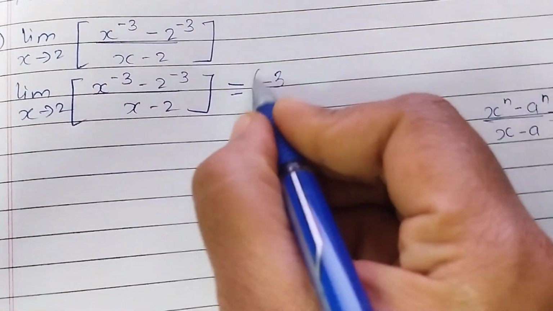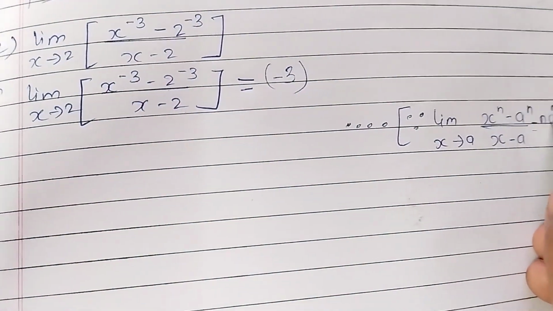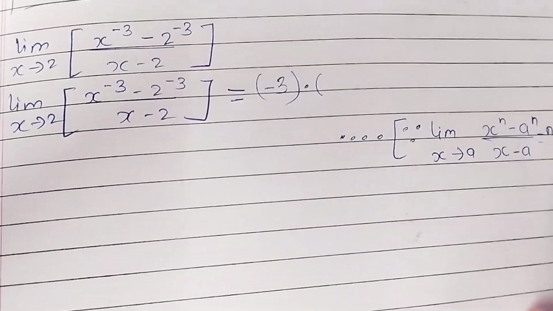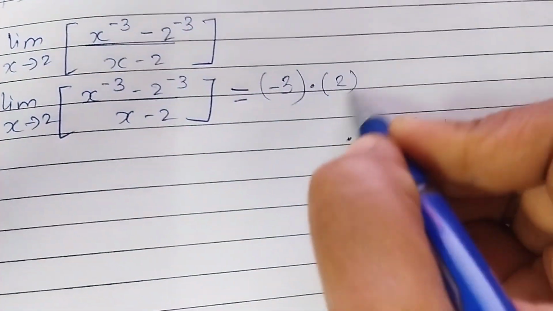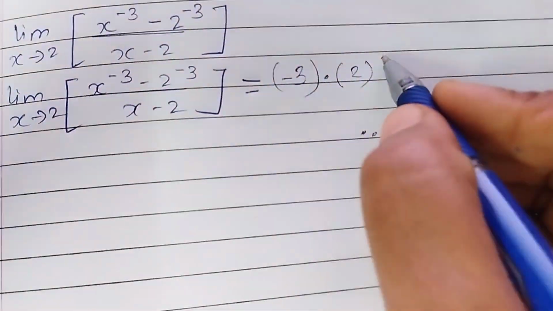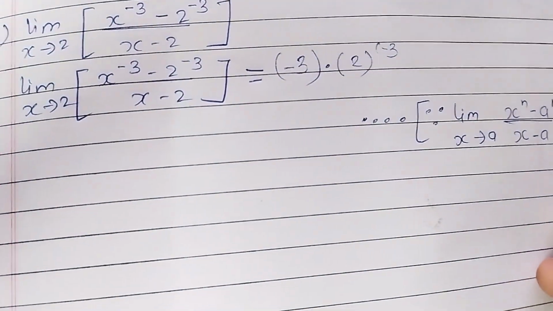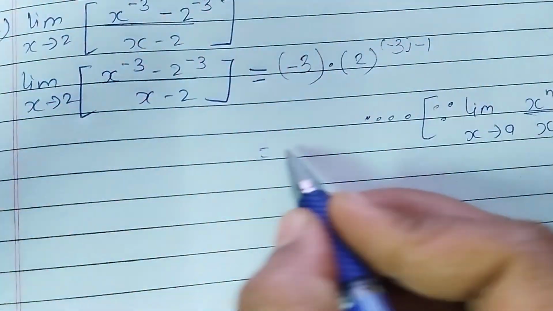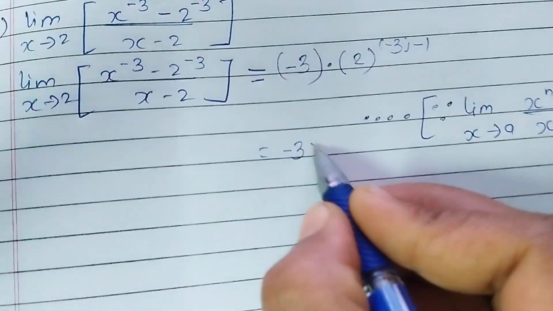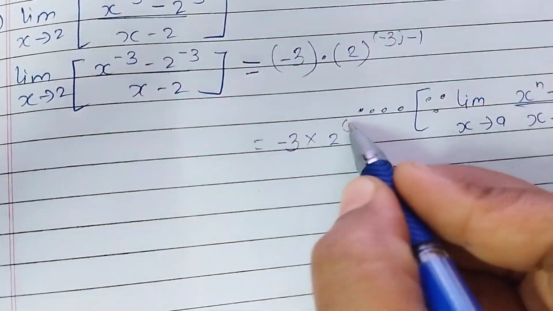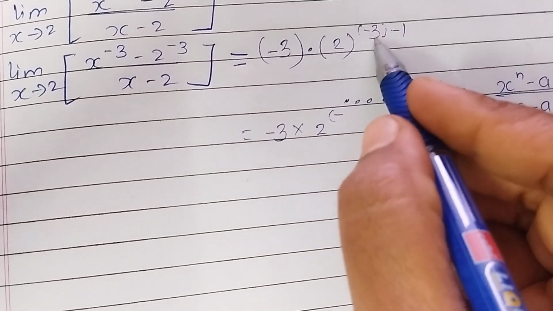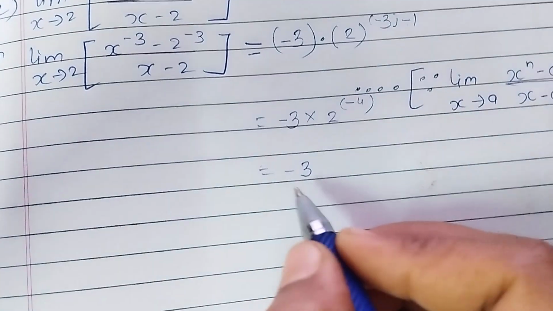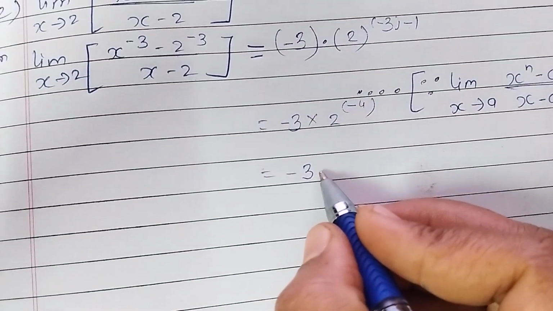So minus 3, then after multiplication, 2, then n minus 1, that is minus 3 minus 1, so it is equal to minus 3 times 2 to the power of minus 4, since minus 3 minus 1 is minus 4. So minus 3, and now multiply.